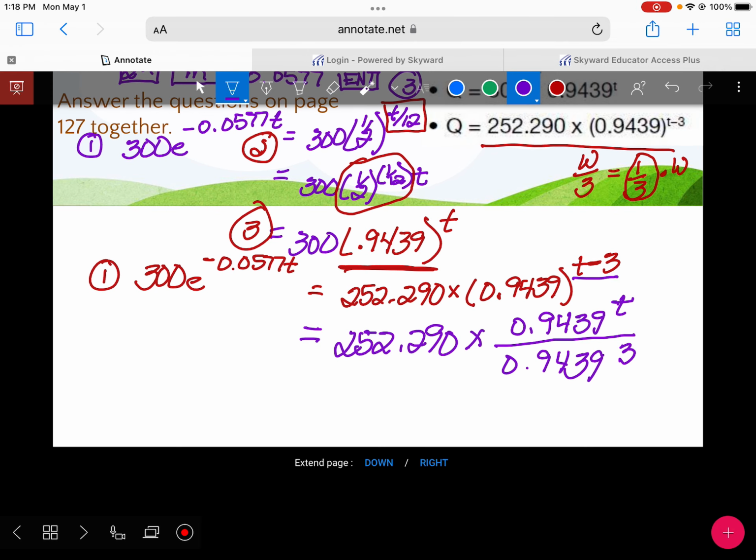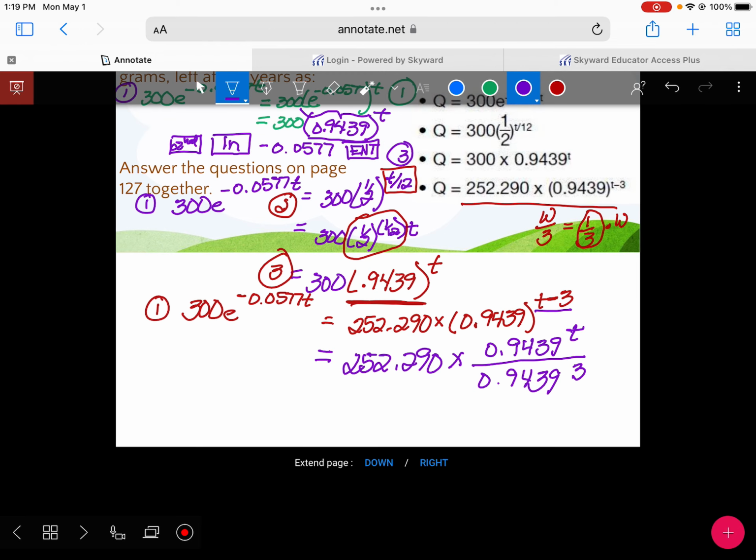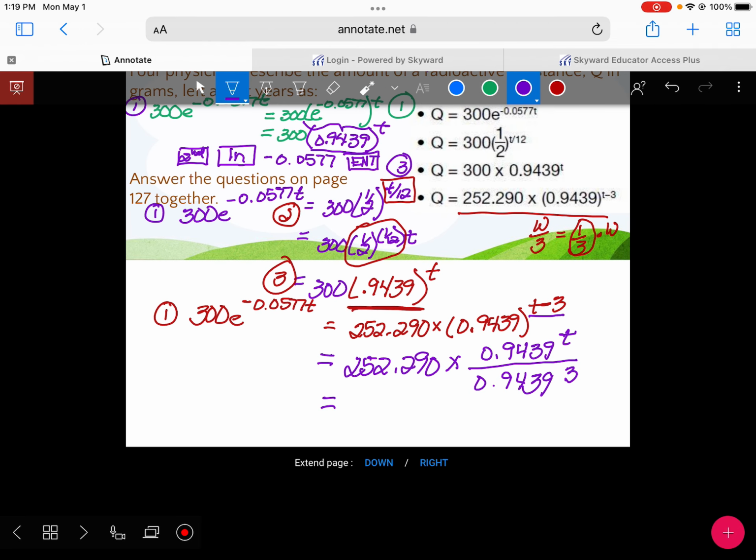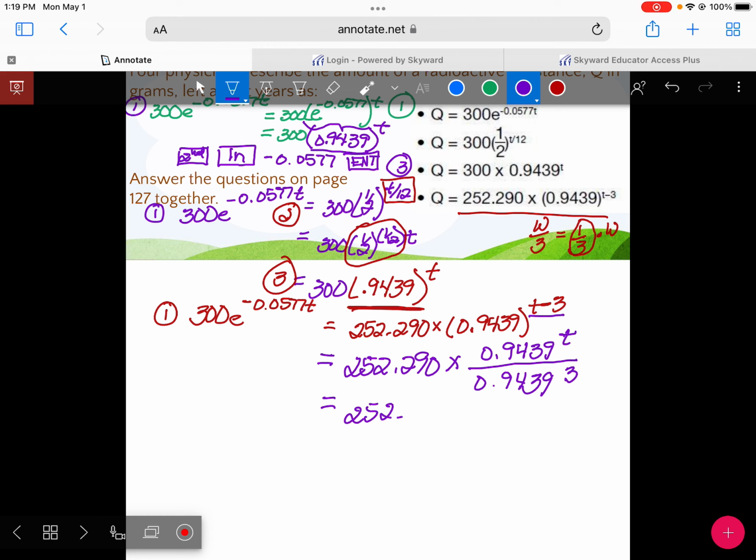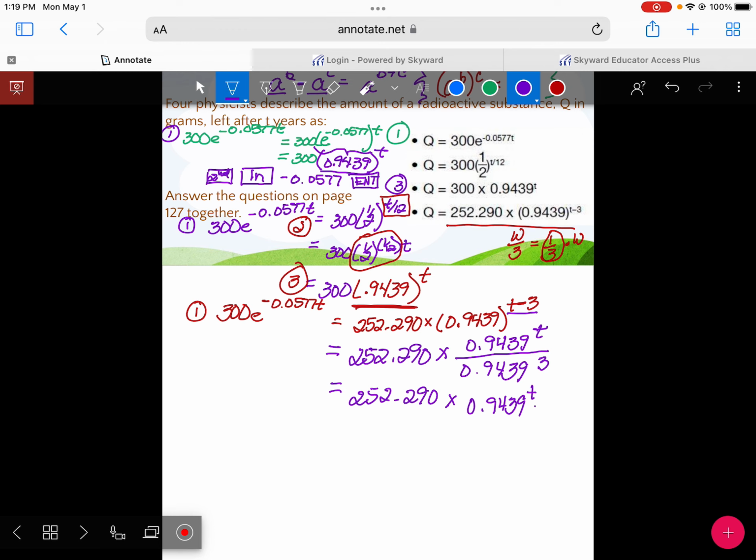Or instead of doing it that way, I think I got it now. 252.290 times 0.9439 to the t times 0.9439 to the negative, how does that go?